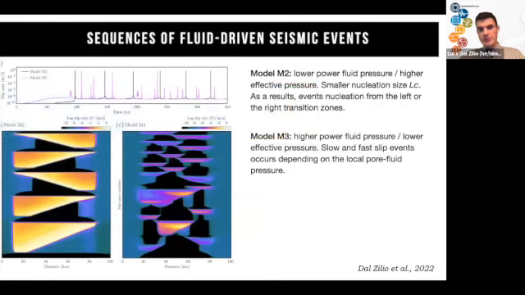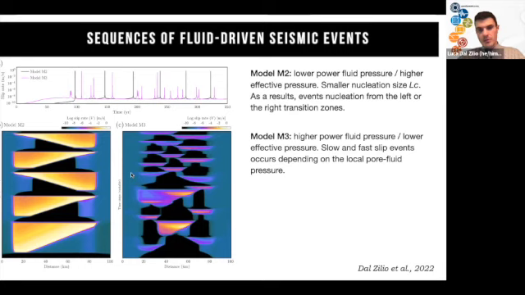With this type of simulations, we try to explore the initial pore fluid pressure by assuming either higher or lower initial pore fluid pressure. And you can see that in this case, we can have seismic events that are nucleating from one side of the model and propagating to the other side. And this is the evolution of this type of simulations with this black line.